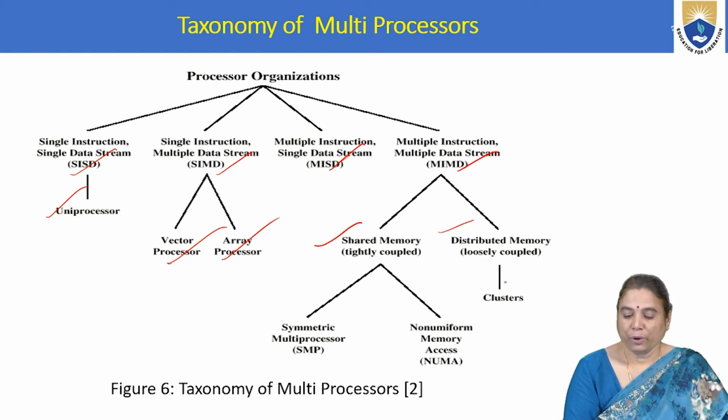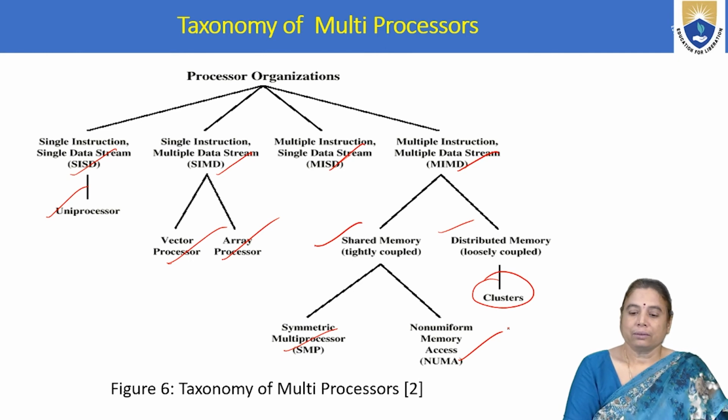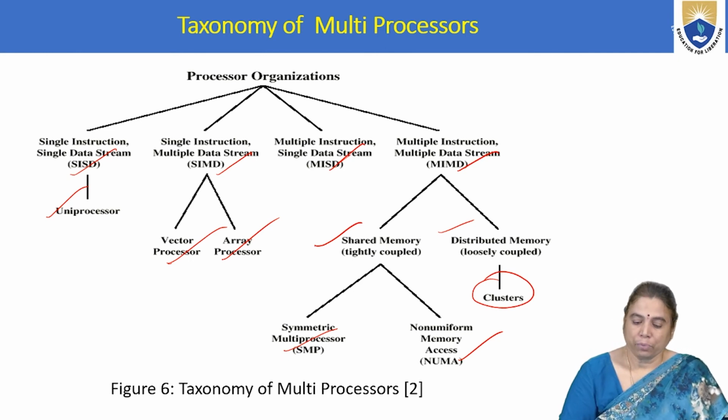The distributed memory technique employs clusters so that data can be shared between the various processors. In the shared memory technique, 2 categories exist: symmetric multiprocessor, SMP, and non-uniform memory access, NUMA. So this is the taxonomy of multiprocessors.